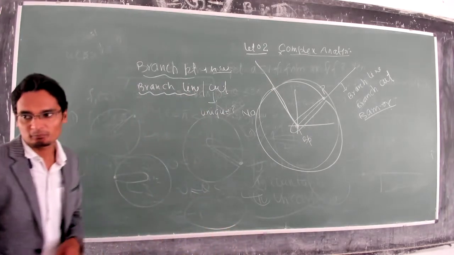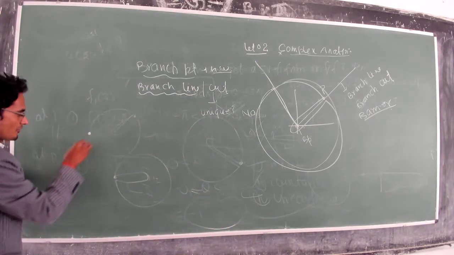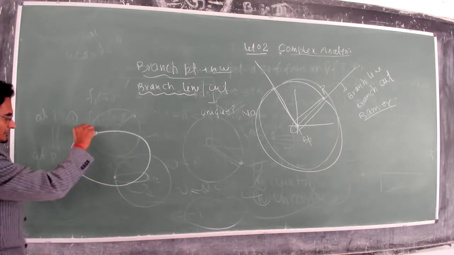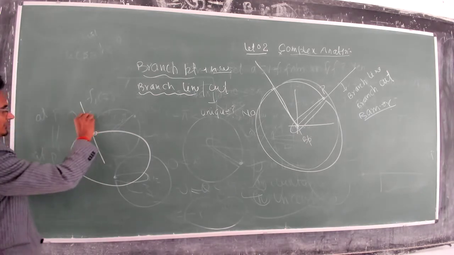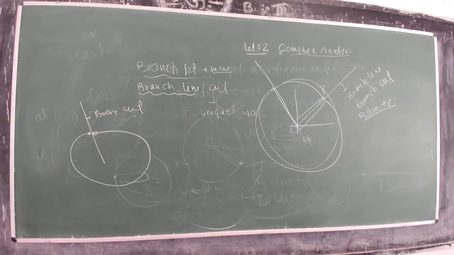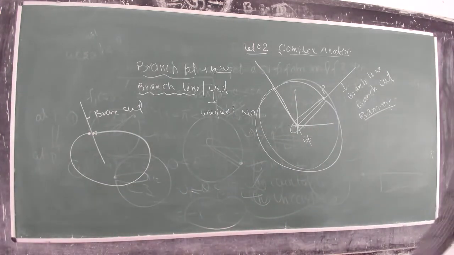It will depend on where you are starting. So suppose I am starting from here. What you have to do? Not to cross, just stop before. So this line is known as the branch cut. Okay. I think it is clear.